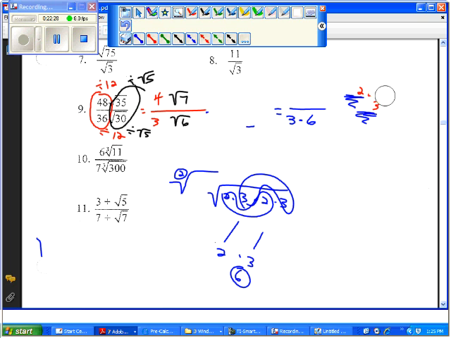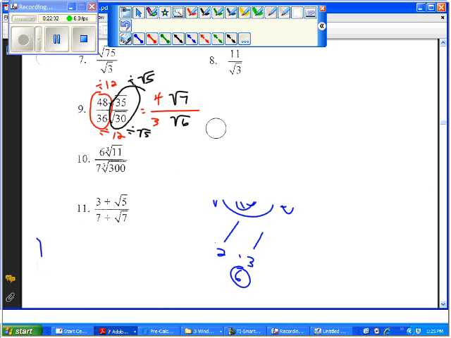Let's back up to here. Okay. When we took that 6, we said, will the 6 break down? Well, it's a 2 and a 3, so there's no sets. So it wouldn't break down, but now we want to rationalize the denominator, get that square root off.